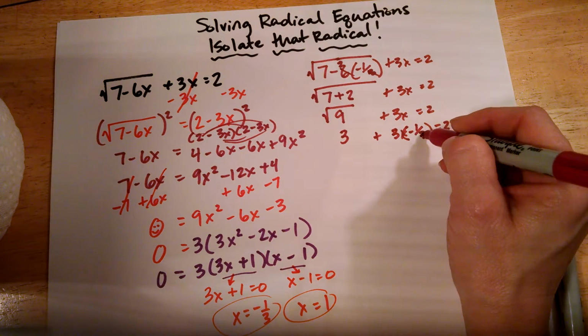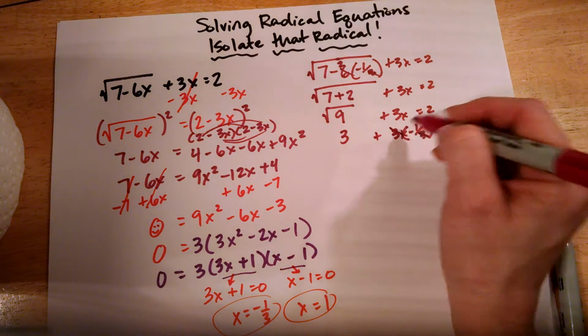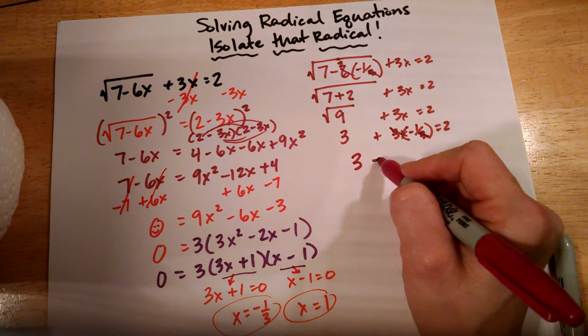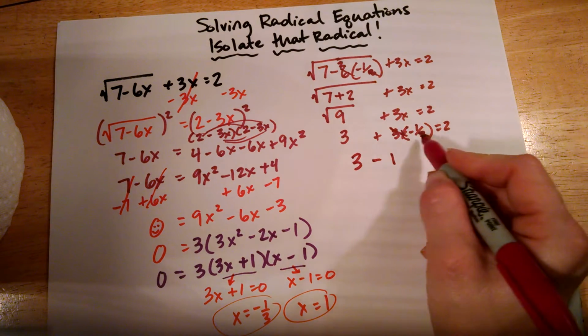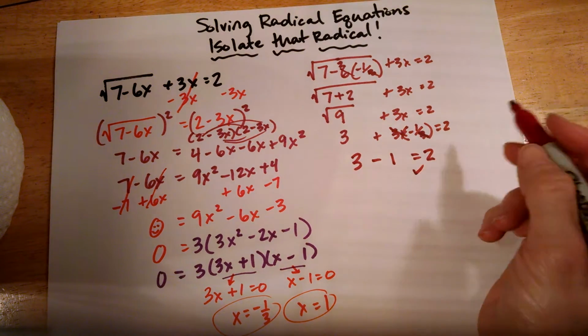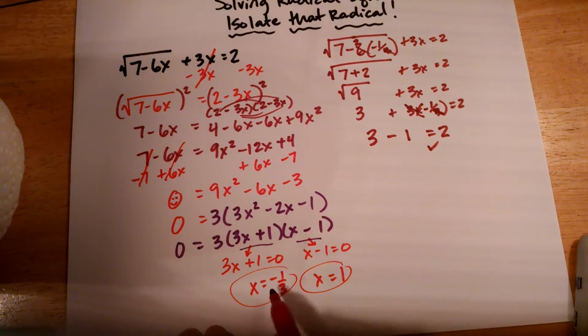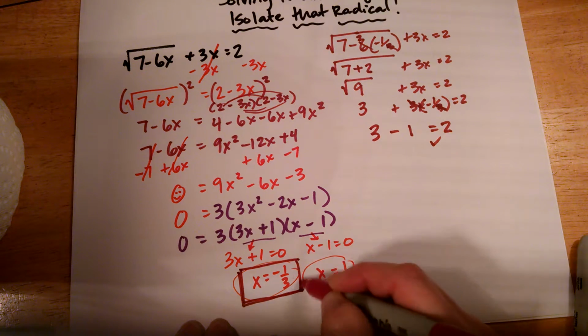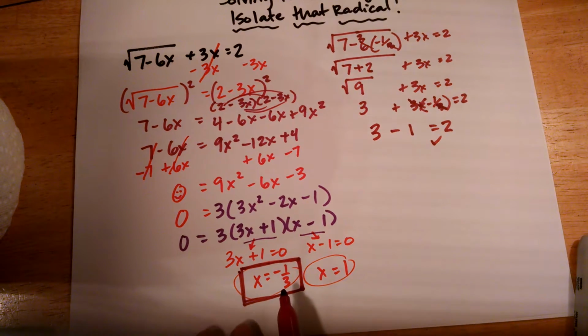So if I simplify this stuff right here, I'm going to get a negative 1. So 3 minus 1, when I cancel that out, does that equal 2? Yes, it does. So x equals negative 1/3. This one works. Okay, so that's definitely an answer.